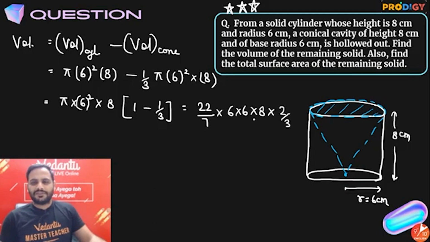Now you can simplify this. Obviously it will be something in decimals. 6 8 are 48. 48 into 2 is 96, and 96 into 2 is 192. 192 into 22 gives 4224 upon 7, I think.